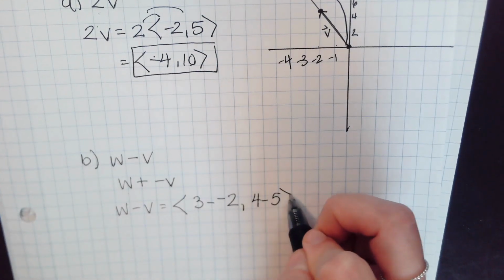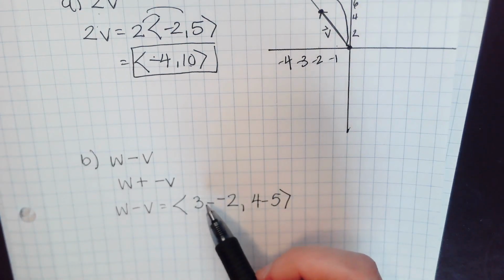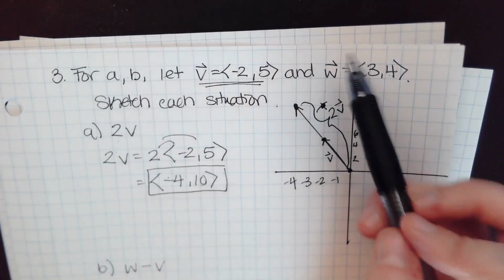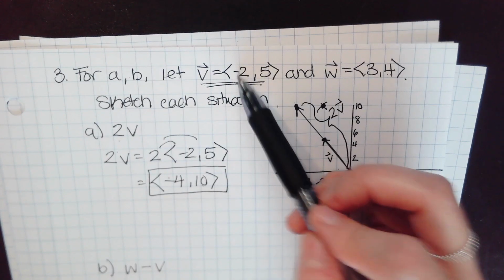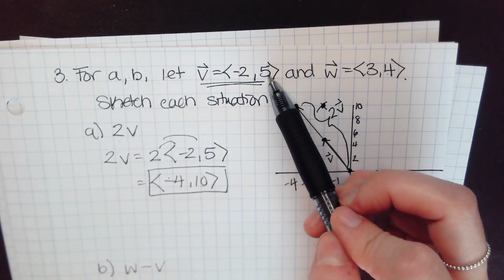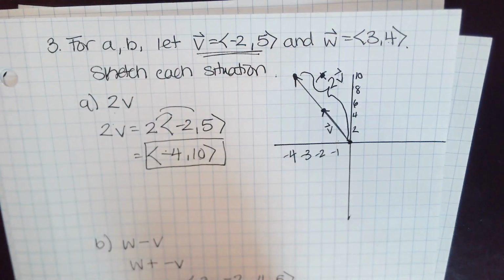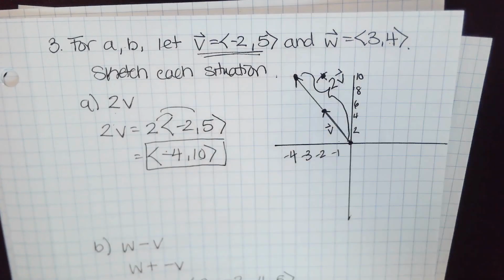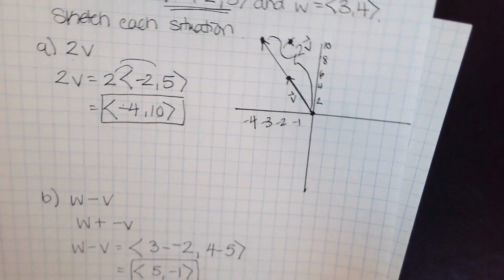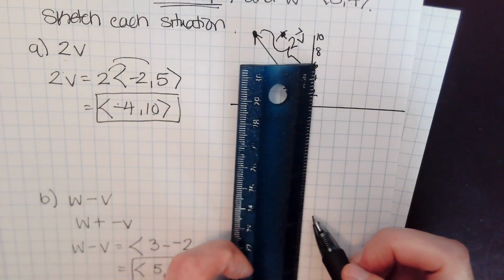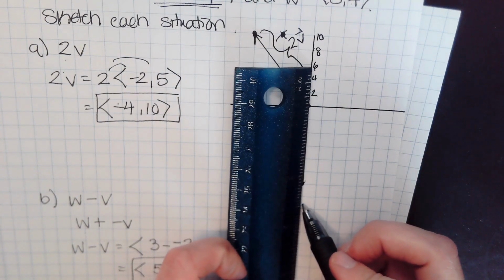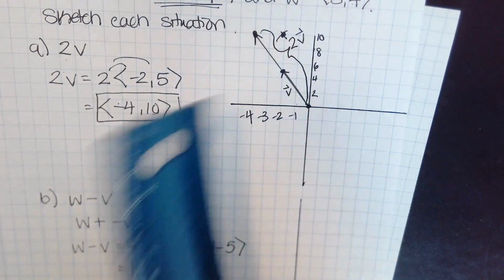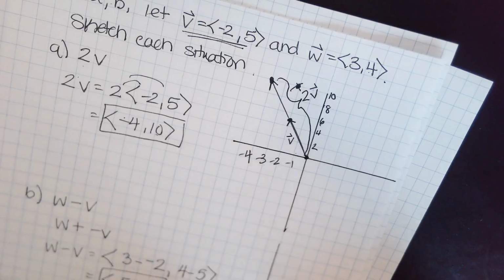So for addition and subtraction, you're just combining those terms. 3 minus -2, 4 minus 5. And if we combine those, we would get 5, -1. Again, that's in component form. So let's take a look at the graph of this.